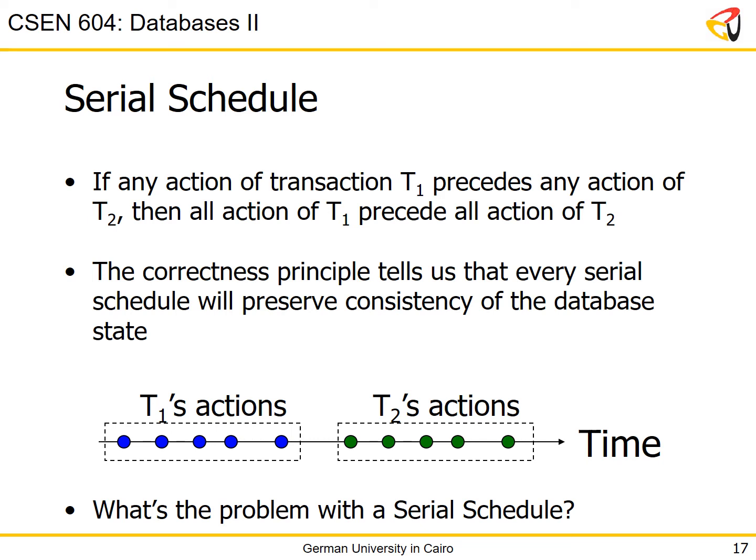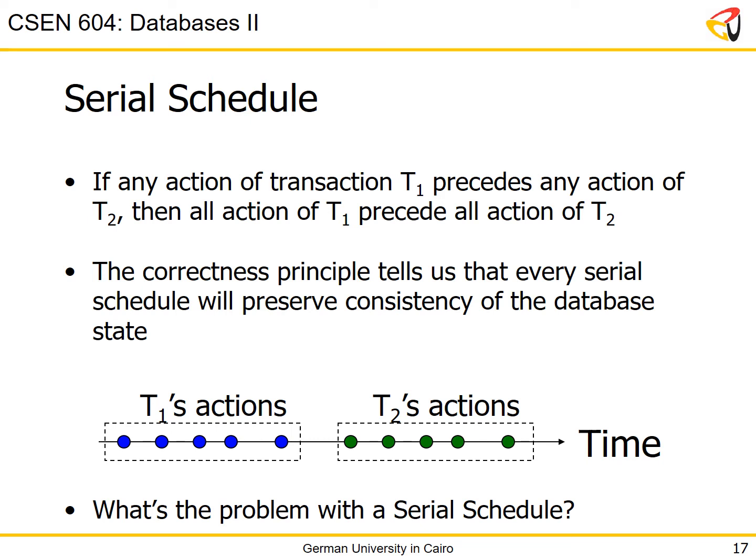So while serial schedules are our gold standard, it's not a good idea to run things serially, but we will look at the effect of serial schedules as a guideline to know if what we're doing is correct or not. So it is important from another perspective. It's not that we are going to run things serially, but we will look at the output of any one of the serial schedules as something we need to be sure we're arriving at.